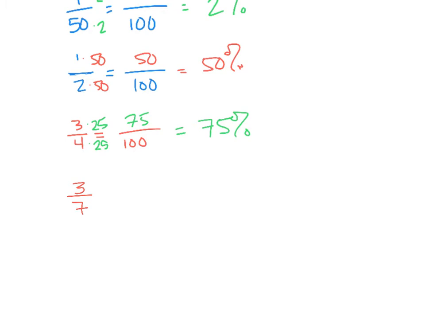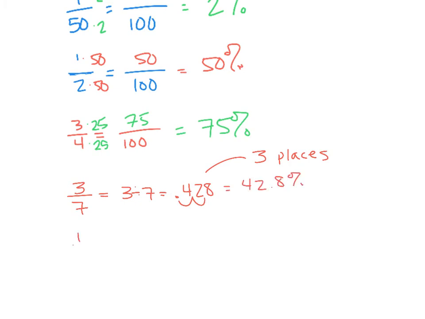I'll let you use a calculator as long as you show me that you are doing 3 divided by 7, which equals 0.428, go out 3 decimal places, and then you show you're moving the decimal over 2 places, so it's 42.8%.